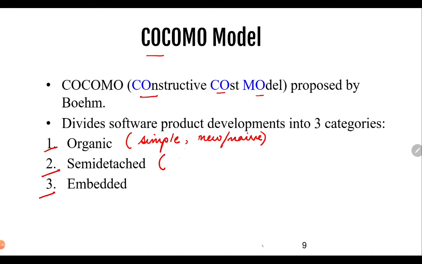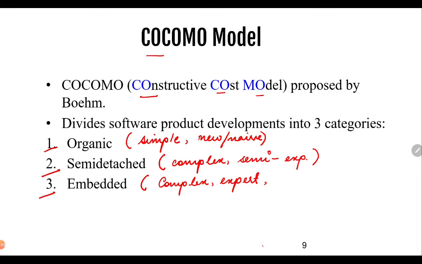Semi-detached projects are slightly more complex than simple projects, and they have a semi-experienced team of developers. However, embedded projects are strictly complicated and complex, and they have expert developers, and generally they have hardware components built as well. So we have to first identify what team of developers we have and whether our project is simple or complex.